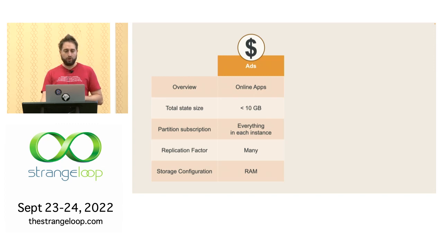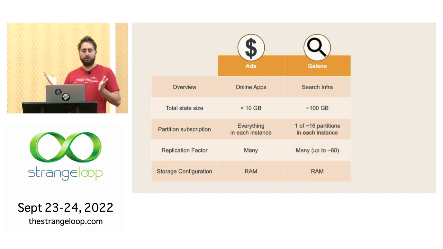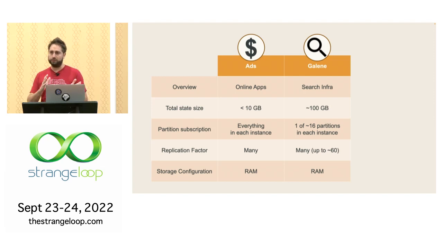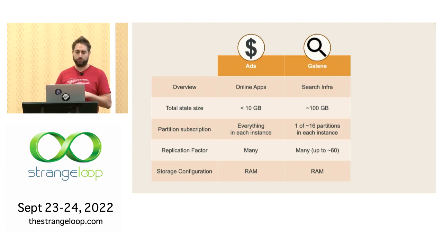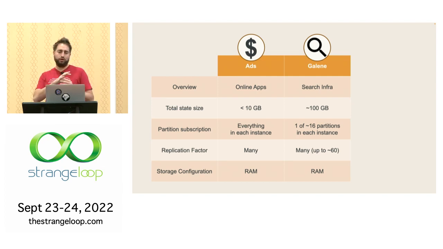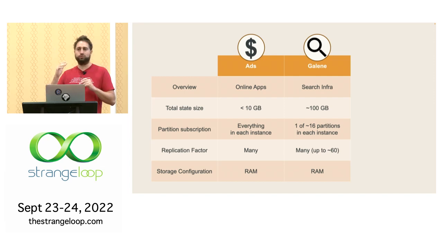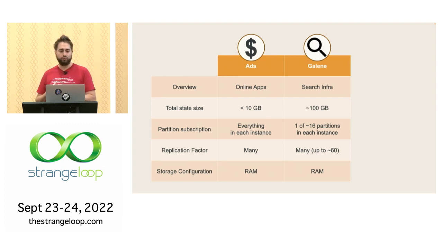So another use case, which is a bit more sophisticated, is Galeem. That's our proprietary search infrastructure. And in that case, the data set size that they want to have is bigger, 100 gigs, maybe 200 gigs. And so they need to partition it because they don't want to have like 100 gigs of ML features on each of their searchers. That's a bit bigger than comfortable. So they will typically partition in, let's say, 16 partitions or maybe 32 partitions, basically a small number of partitions.